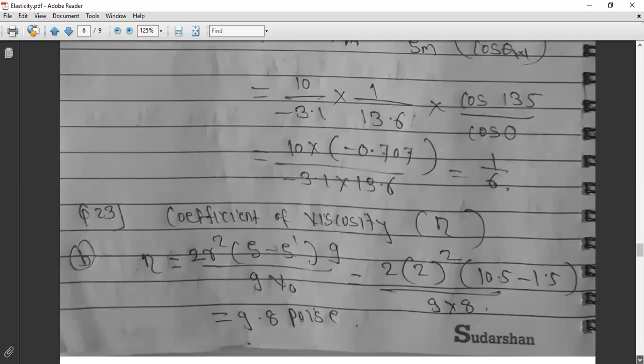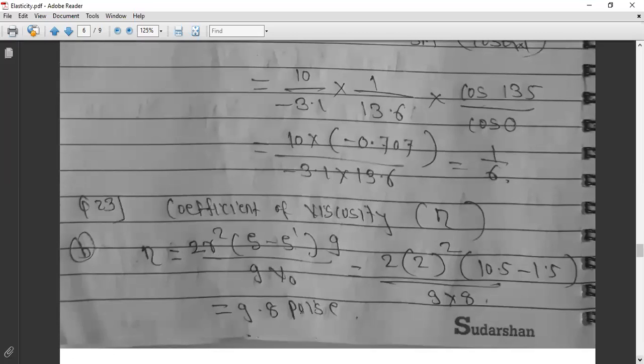We'll see the next question, that is question number 23, which is related to the terminal velocity. A small metal ball of diameter 4 meter and density 10.5 gram per centimeter cube is dropped through glycerine of density 1.5 gram per centimeter cube.